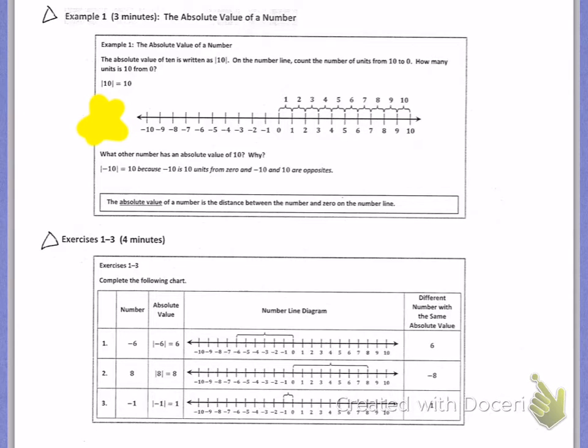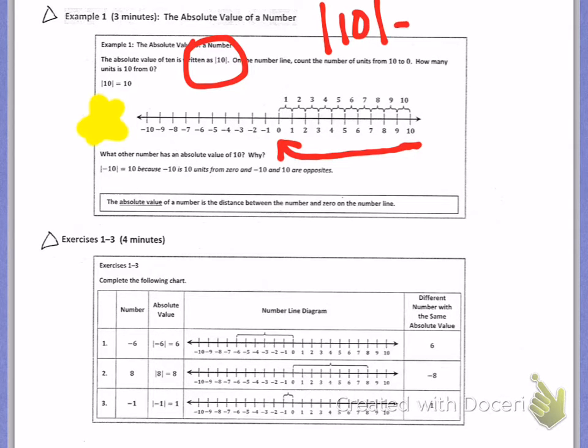When they want you to find the absolute value, it will be written like this, like two lines and then the number in the middle. And that means what is the absolute value of 10? On a number line, if 10's here, there are 10 spaces from 0. How many units is 10 from 0? So the absolute value of 10 equals 10.